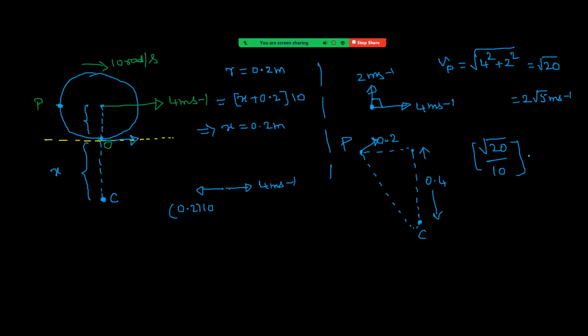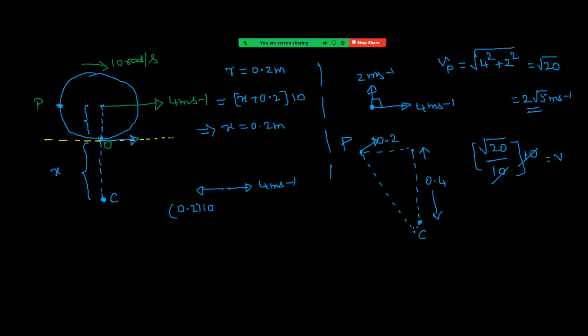And that is equal to this distance into omega. And omega value how much? It is 10. So into 10, the 10 gets cancelled. So velocity equals root 20. So we got the same. So either we can solve directly as a combination of translation and rotation, otherwise by using the instantaneous axis of rotation, then body is in pure rotation.